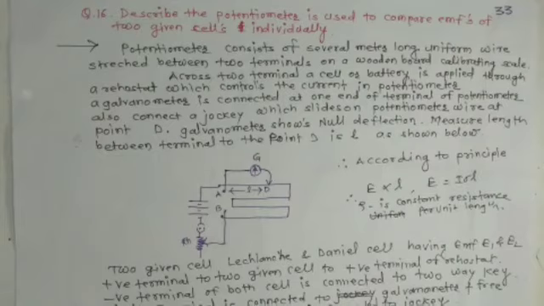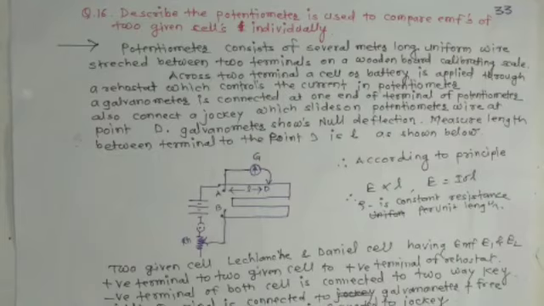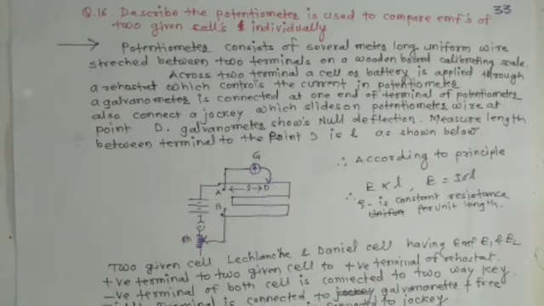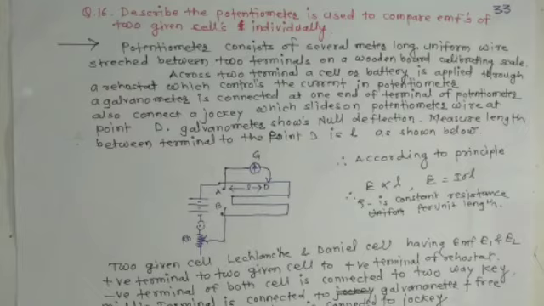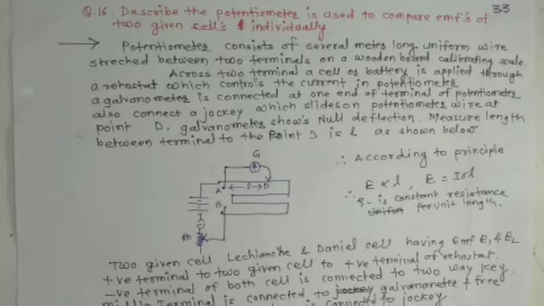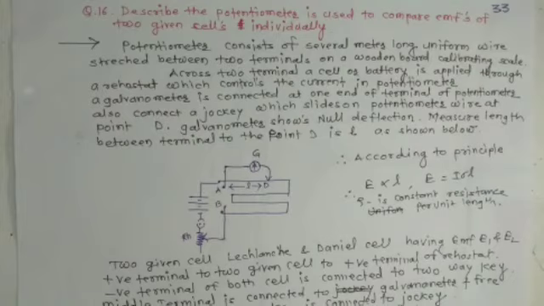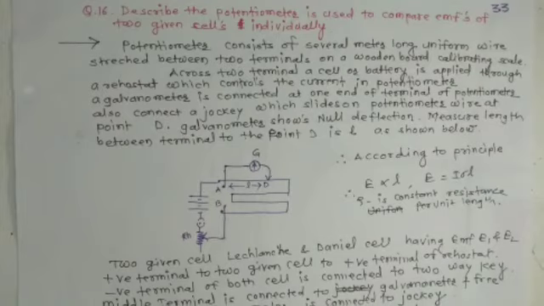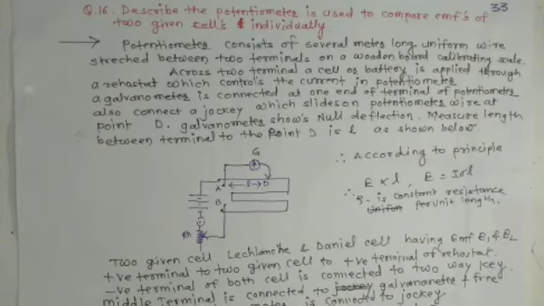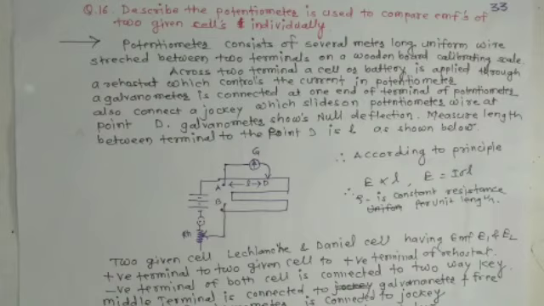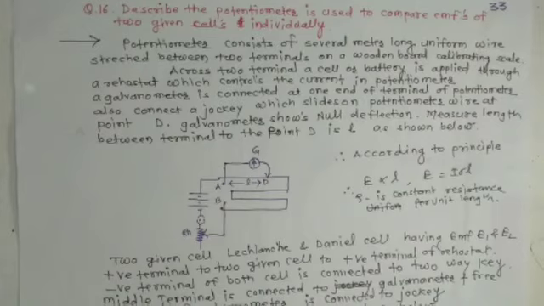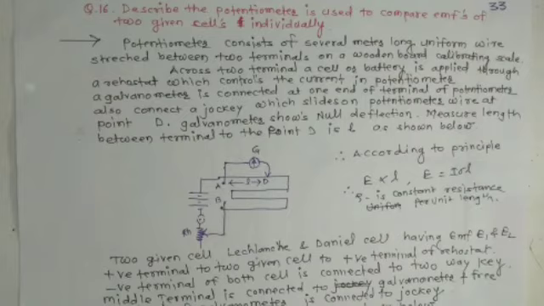Across the two terminals, a cell or battery is applied through a rheostat which controls the current in the potentiometer. A galvanometer is connected at one end terminal of the potentiometer. Also connect a jockey which slides on the potentiometer wire.